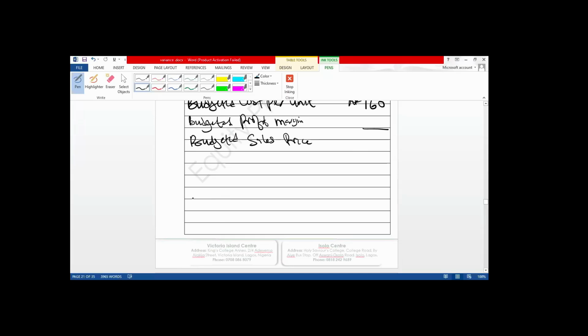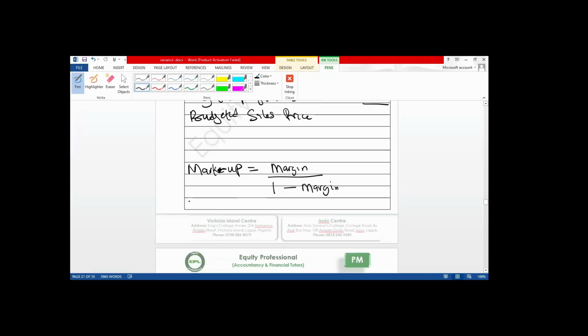Now do like this. Markup is equal to margin over 1 minus margin. If I want to get markup, the margin is 20%, 0.2, over 1 minus 0.2.